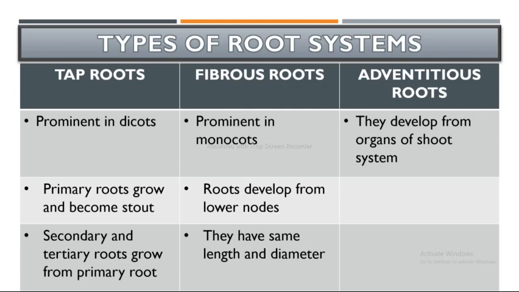Primary roots grow and become stout. Secondary and tertiary roots grow from the primary root. The next is fibrous roots. Fibrous roots are prominent in monocots. Roots develop from the lower nodes and they have the same length and diameter. The third is the adventitious roots. They develop from the organs of the shoot system.